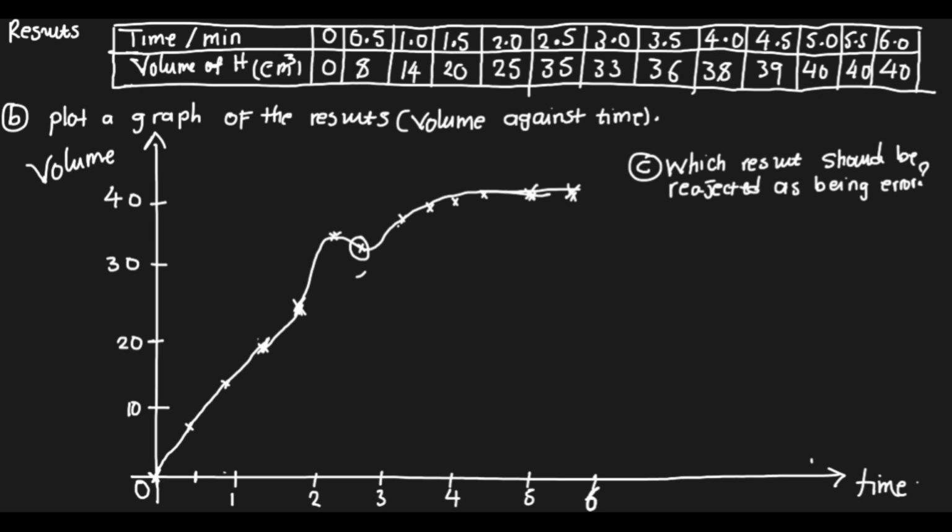We need to check carefully which of these is our error. So let's look at how we can answer this question. Let's look at the numbers from the table. We have 20, 25 here, 35, 33, 36. So this point is very crucial. We need to take time to think.